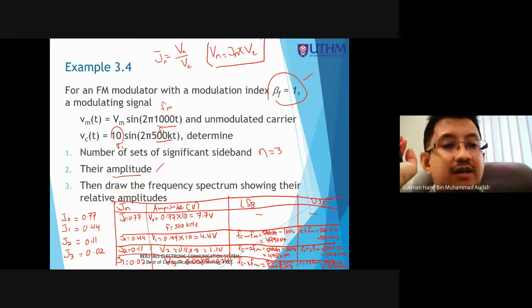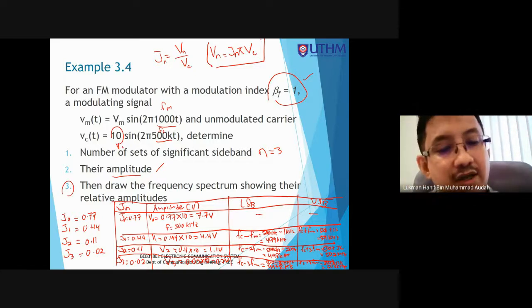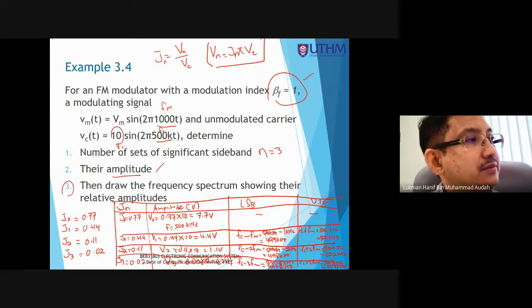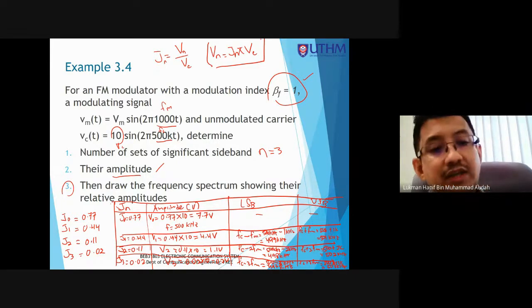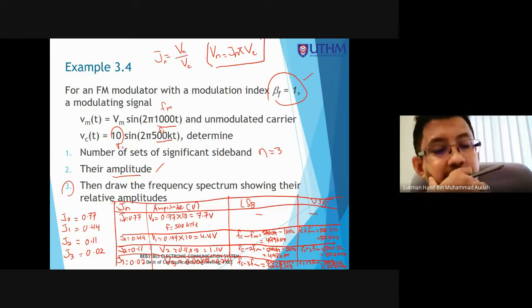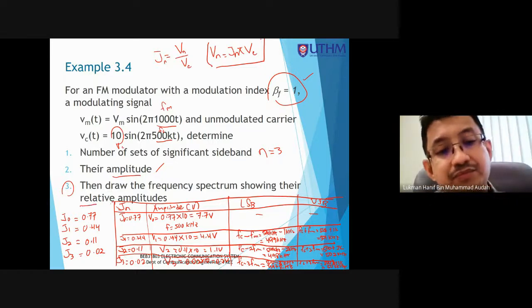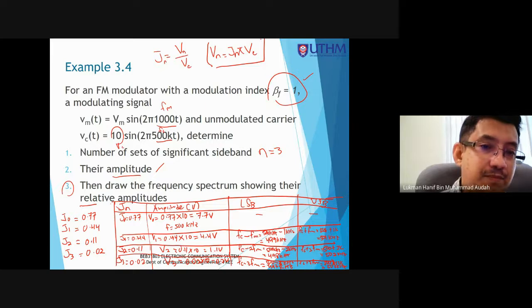Now what? The next question asks, draw the frequency spectrum showing their relative amplitudes. So kalau dalam case ini, ada dua jenis soalan yang boleh ditanya, sama ada nak menunjukkan relative amplitude ataupun amplitude.